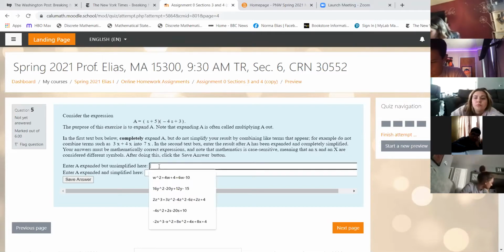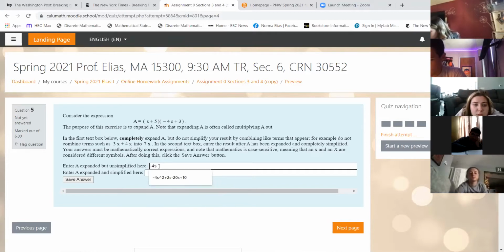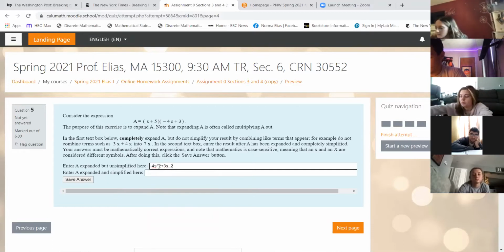So it does multiply out, and I may make some mistakes, which is okay. I'm going to make some mistakes on purpose. So let's multiply. I get minus 4s squared plus, let us say, 3s, very good, minus 20s. Am I making any mistakes so far? Yes or no? There's an underscore instead of a minus.